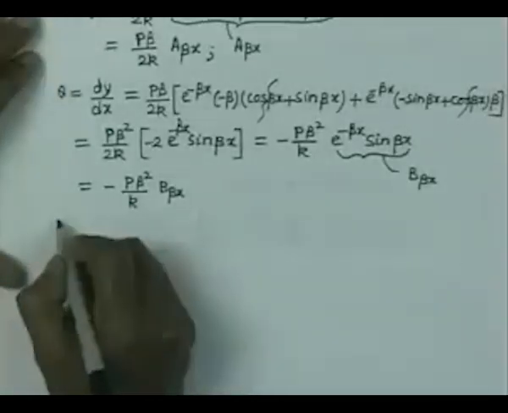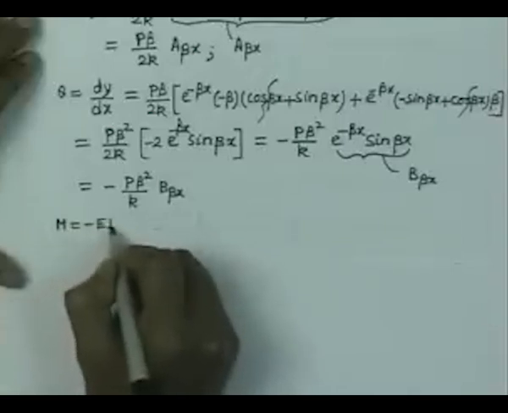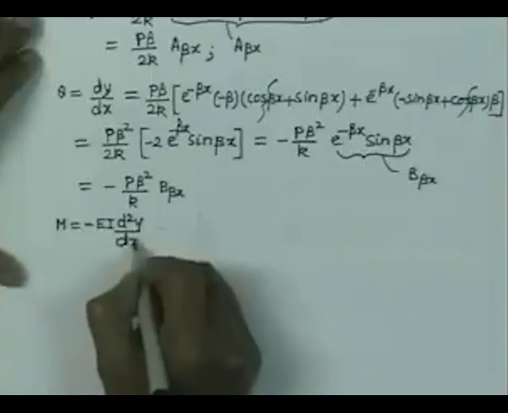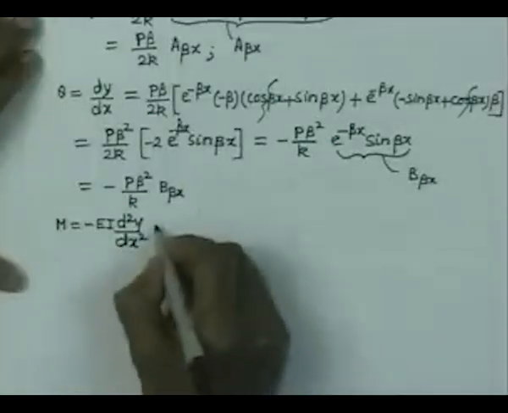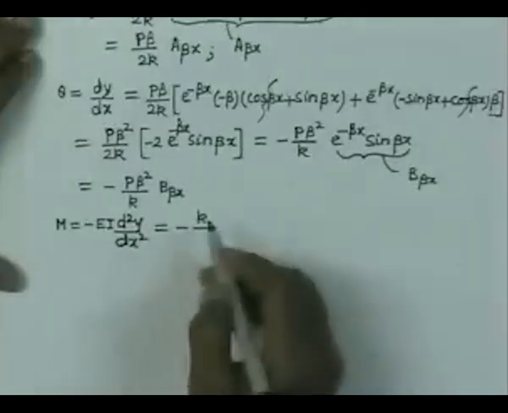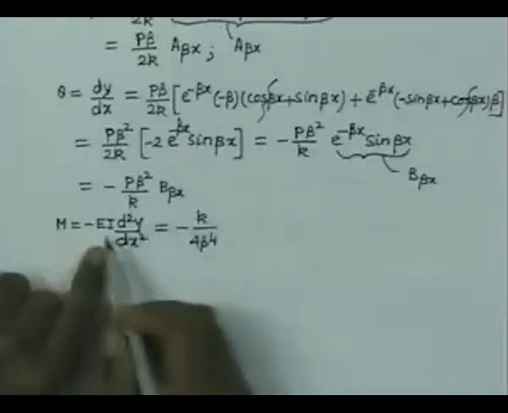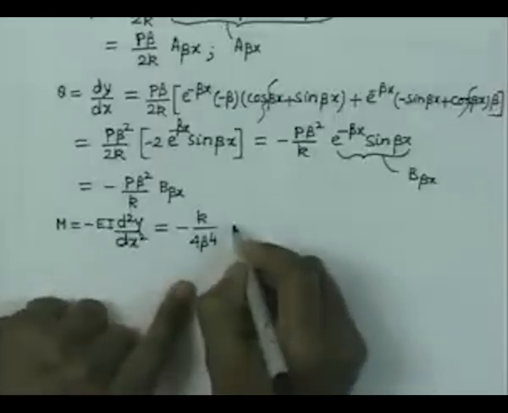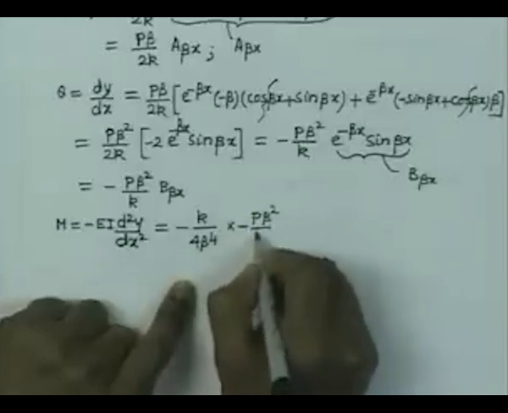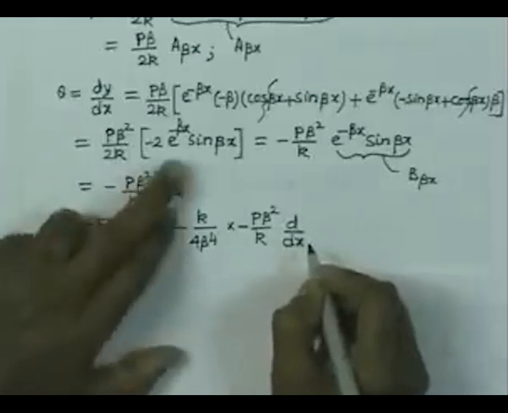Now, bending moment, we can write this bending moment as M equal to EI d2y by dx square, and therefore, it means that you have to differentiate. We can write EI as k by 4 beta raised to the power 4, since k and beta are related to EI. So, we substitute that into minus p beta square by k, the differentiation of this expression here.